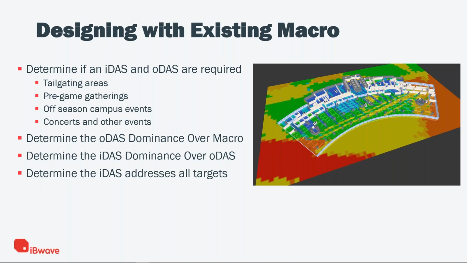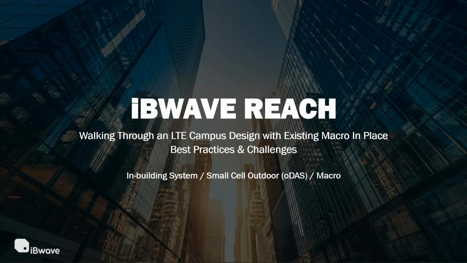And then determining the IDAS addresses all the target needs within the facility without over designing or under designing that IDAS. So with all of that being said, here's your solution, IBwave Reach.